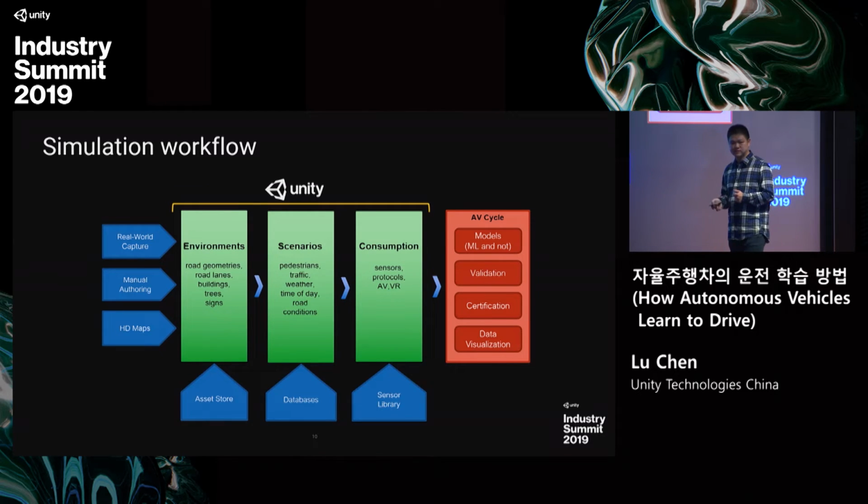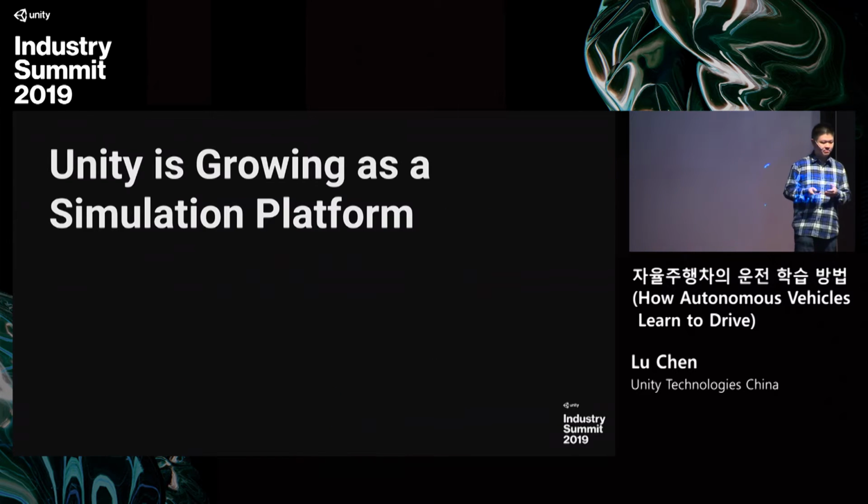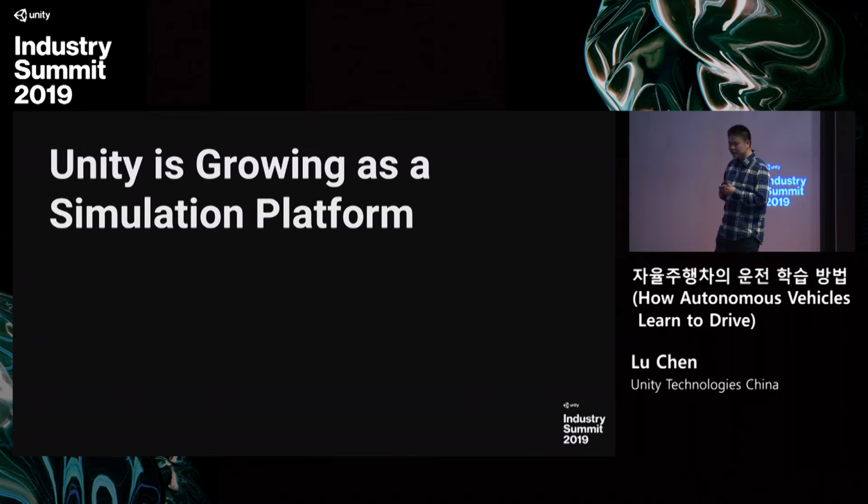The green box things are suitable for Unity. Unity is good at creating this kind of content. Actually, we are finding Unity is becoming more and more suitable for simulation.